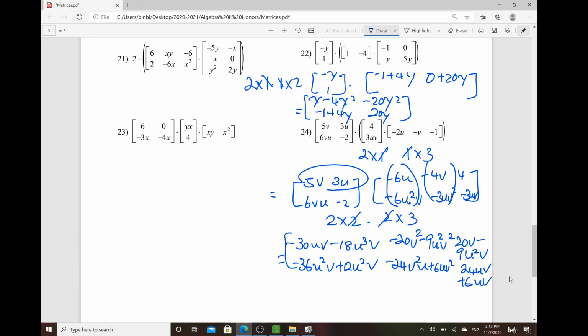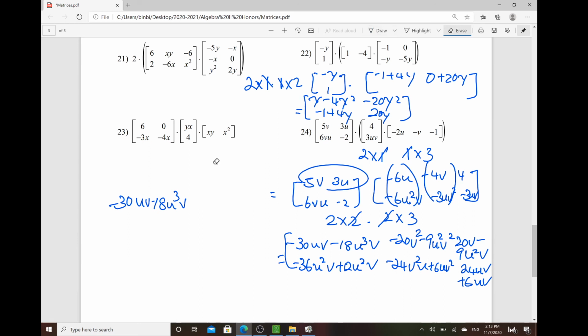And then things that you can combine. Any like term that you can combine here. So it looks like we do have a lot of like terms here. So the first one, I don't think you can combine those two. So negative 30uv minus 18u cubed v. Keep it like that. This one here, I don't think any like term, so just carry that over.